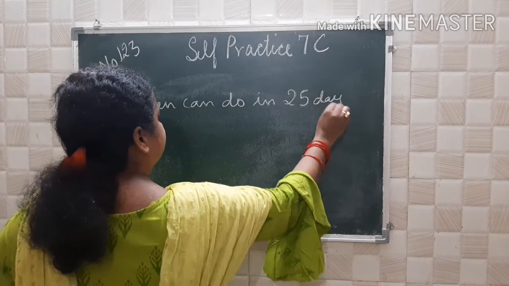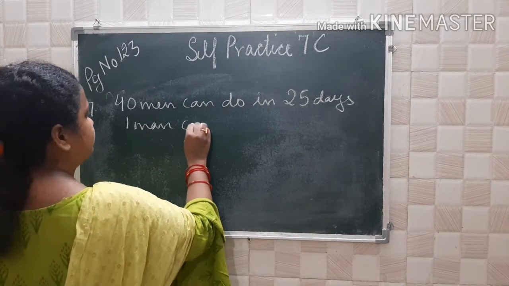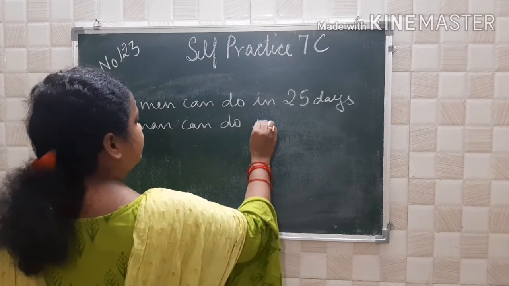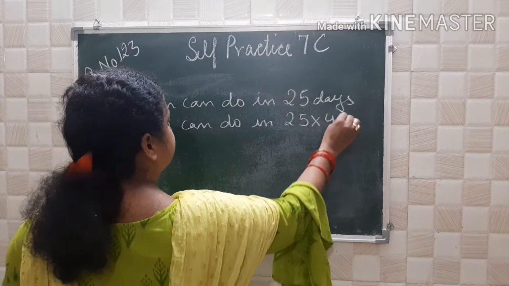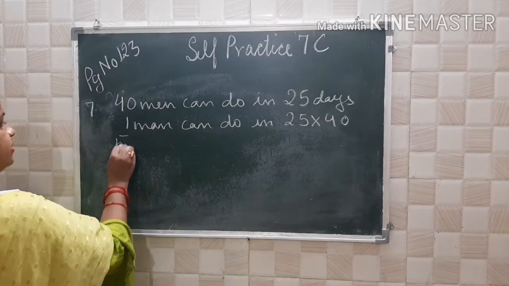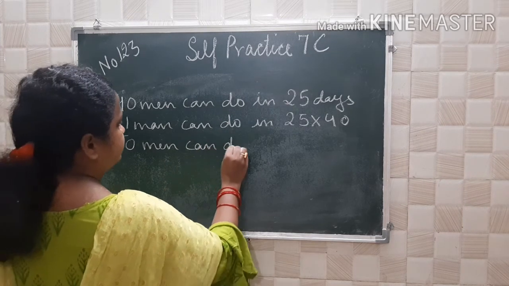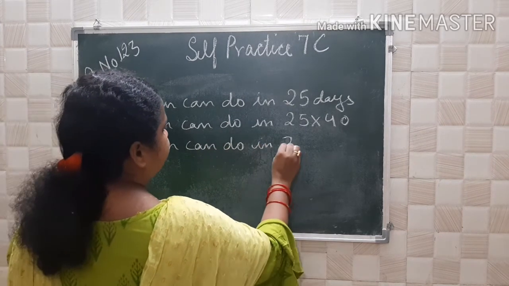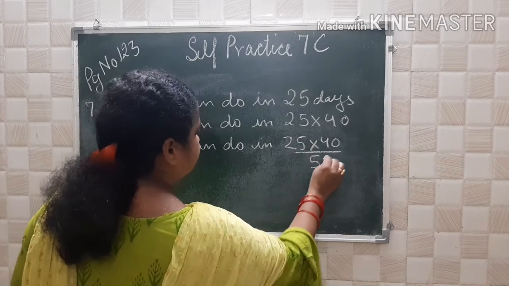So how much one man can do? One man can do in 25 into 40 days. So 50 men can do in 25 into 40 upon 50.